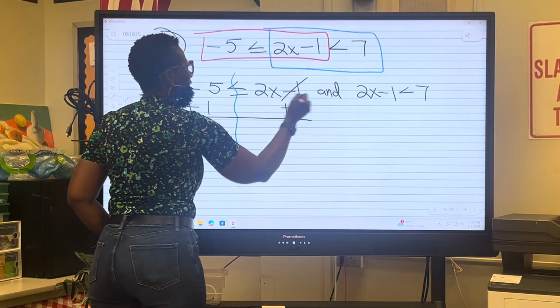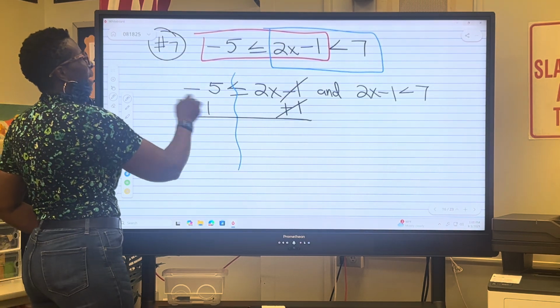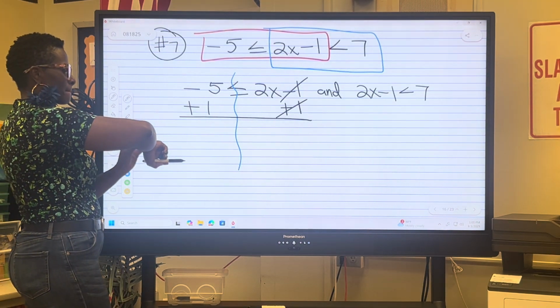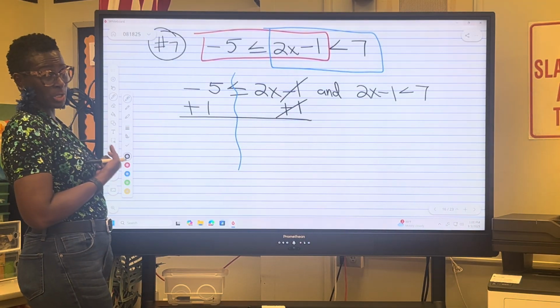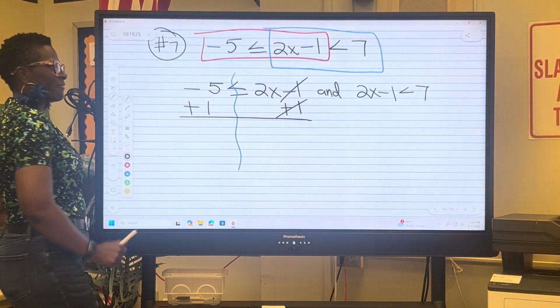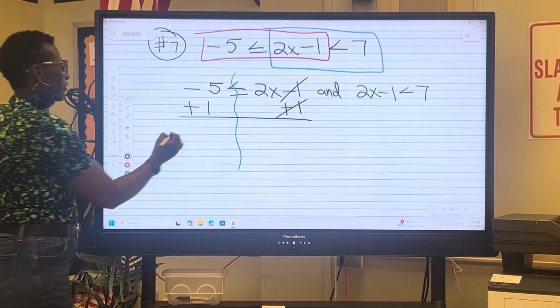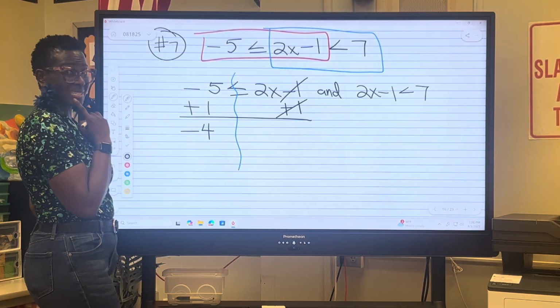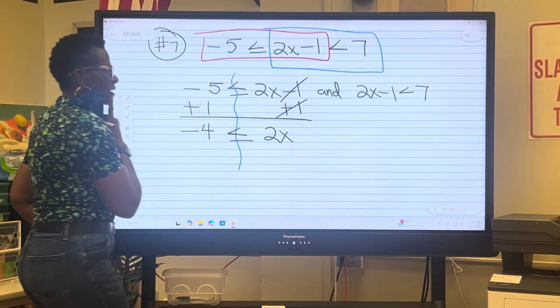These cancel out. Our goal is to get x by itself. So now I have -5 plus 1. What do we get? Don't give me a wrong answer without computing. It's -4, not 6. So -4 is less than or equal to 2x. Are we done? No.